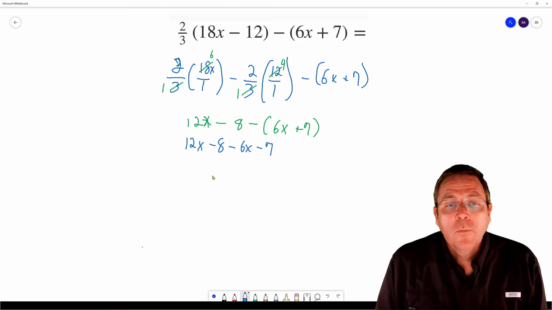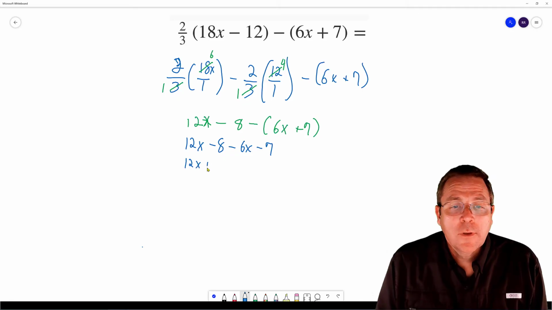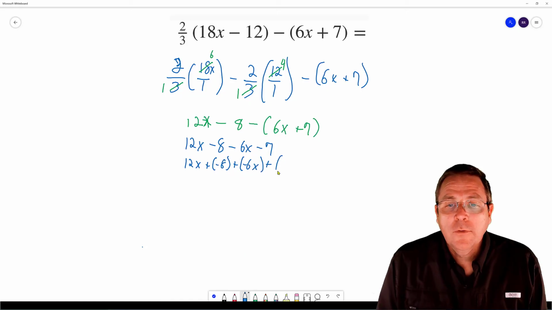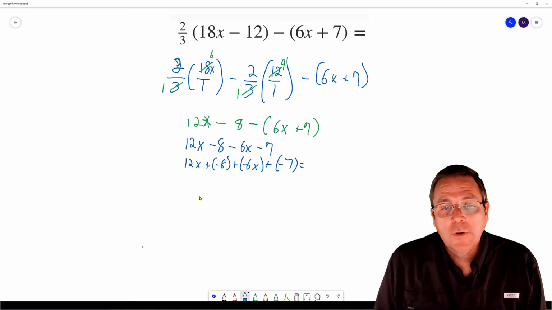From here, we're going to use the commutative property, but before we can do that, we have to make the pretty problem ugly. 12x plus a negative 8 plus a negative 6x plus a negative 7. Now we have the everything is addition.